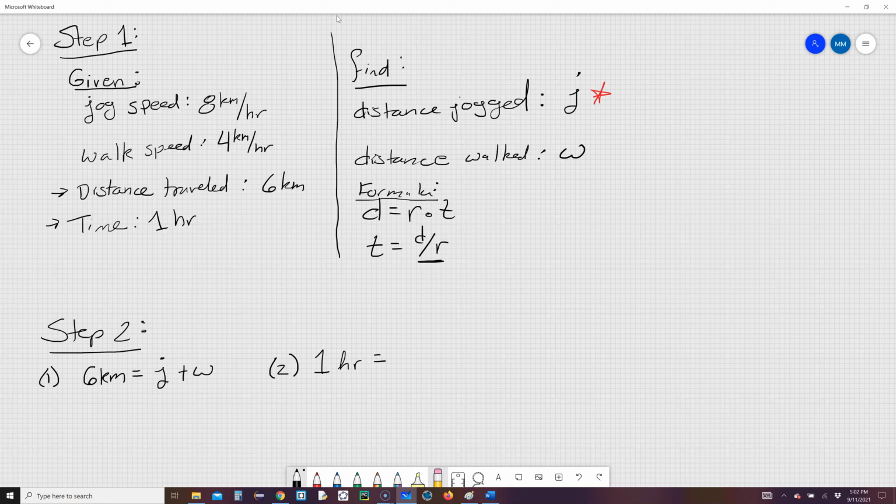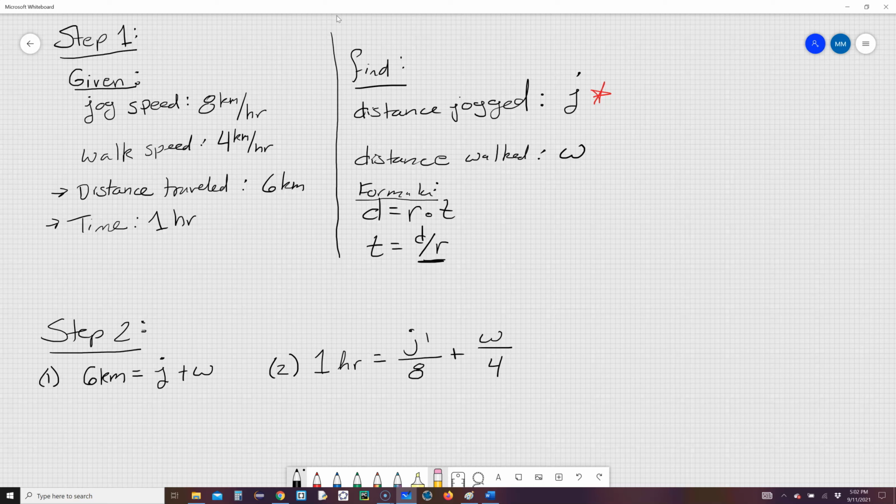And we know that this is D divided by R, but we have 2. Right? We have some distance that we jogged and some distance that we walked, so this must be the sum of those 2. So we jogged some distance. The rate at which we jogged was 8 kilometers per hour. Walked some other distance. Rate was 4 kilometers per hour.